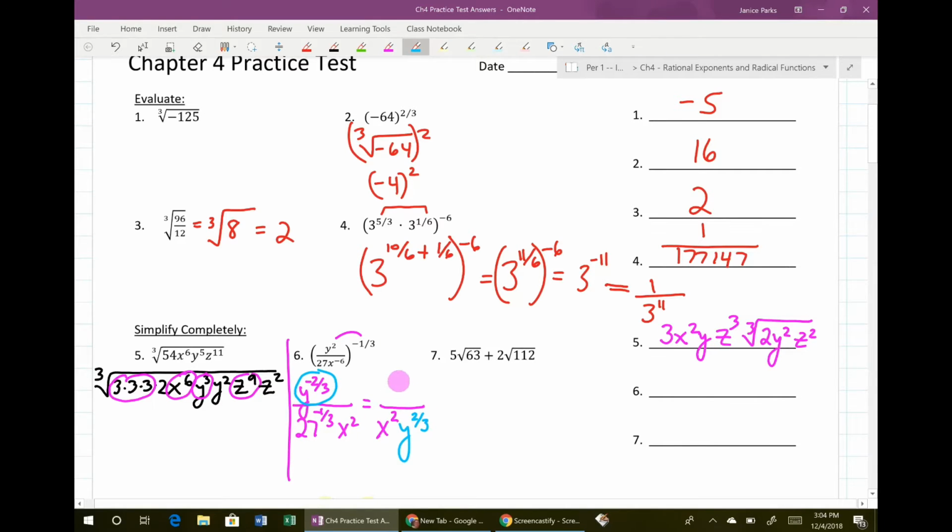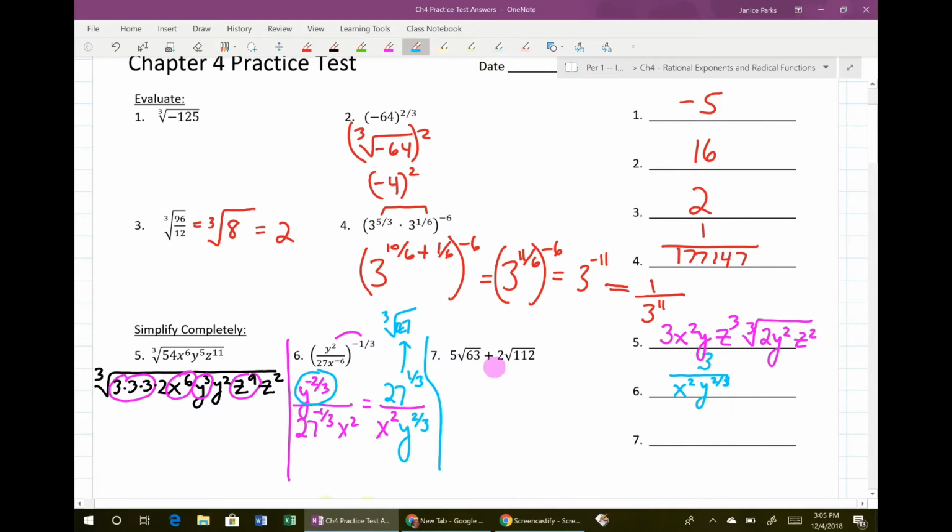And then 27 to the negative 1/3 moves up and becomes positive 1/3. 27 to the 1/3 in the numerator is 3 because that means the cube root of 27. And the denominator just stays exactly how it is, x squared, y to the 2/3. Make sure that looks like an exponent.